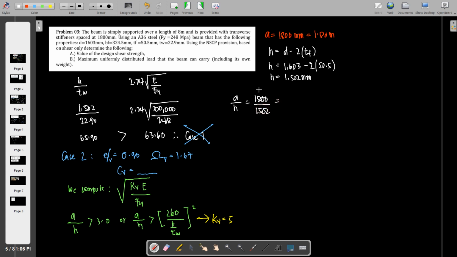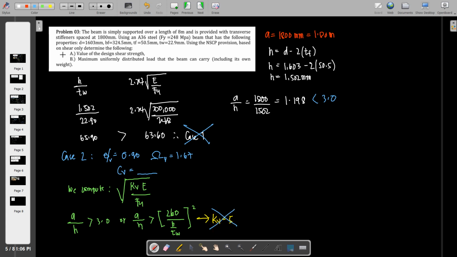So this is equal to 1.19 or 1.198. Now, itong 1.198 is less than 3. So we cannot adopt this.